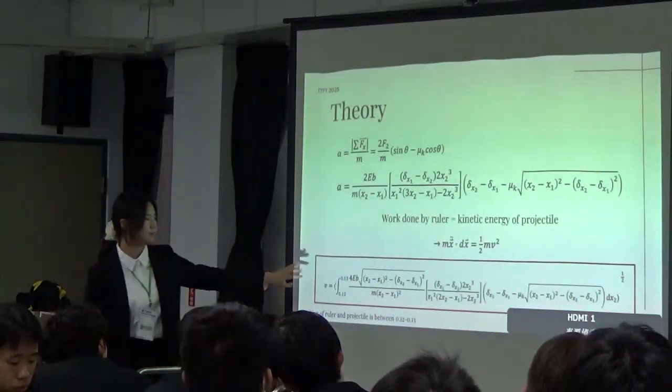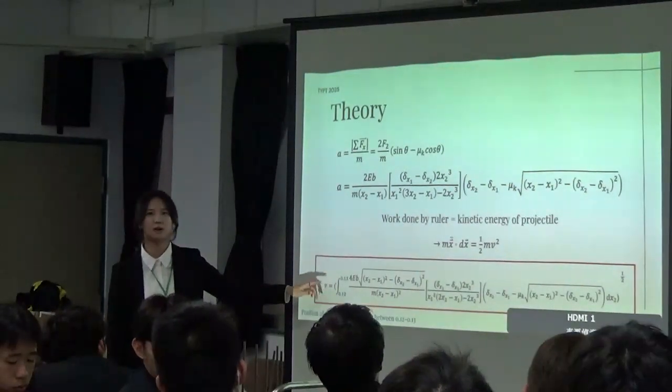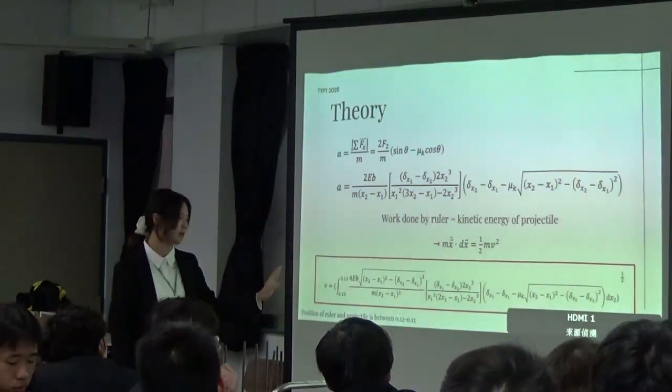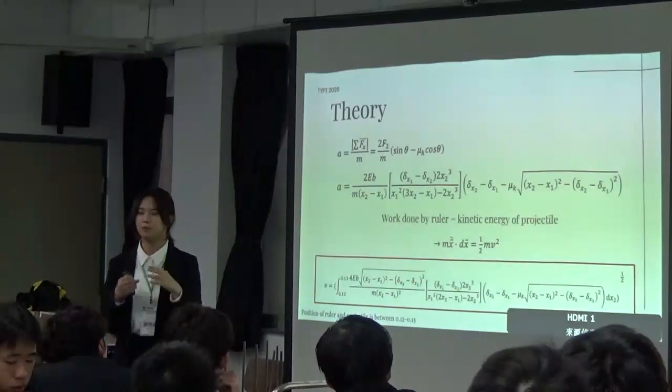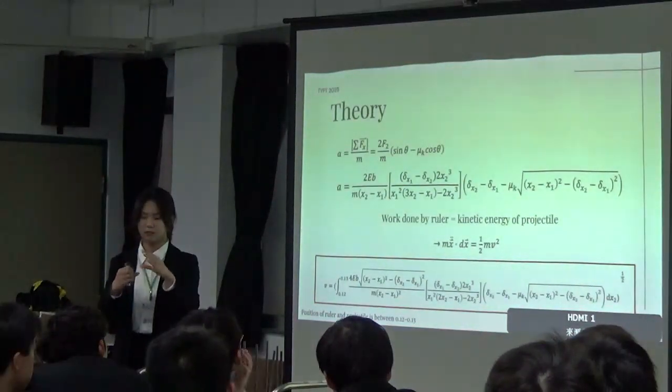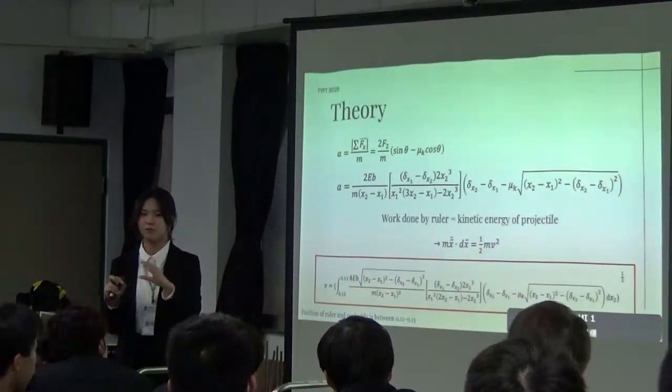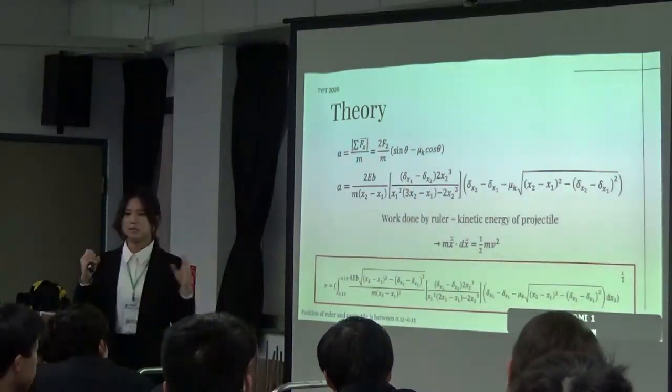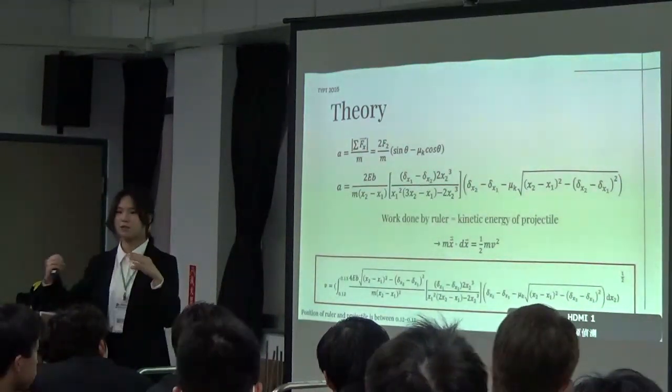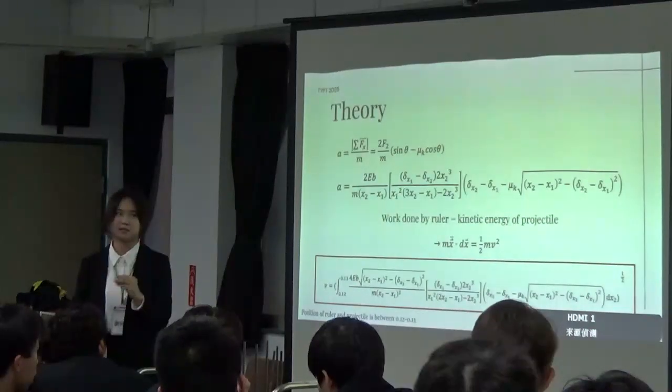And this part is from 0.12 to 0.13 because my projectile and the ruler will be in contact only at 0.12 to 0.13. After 30 centimeters, the projectile will eject forward and will not be in contact with the ruler.